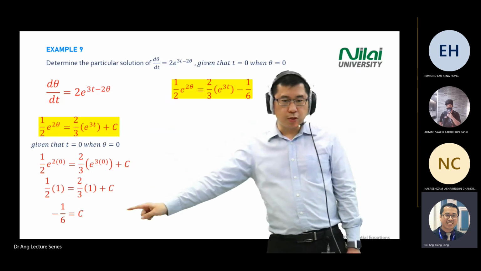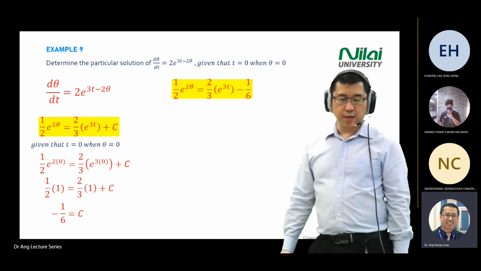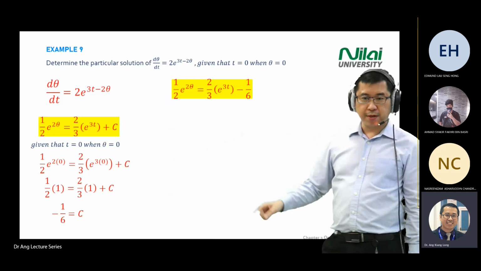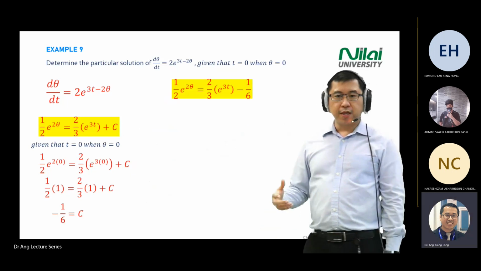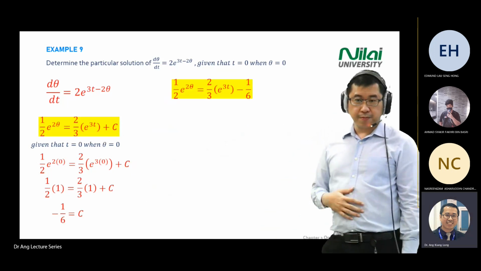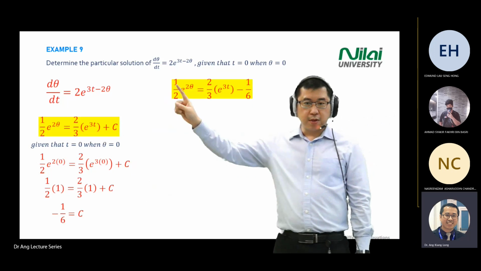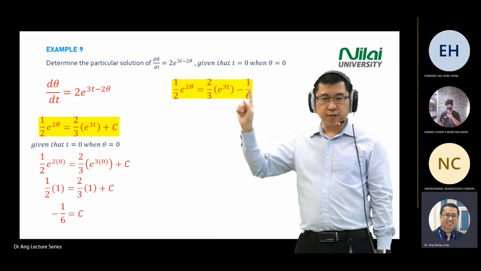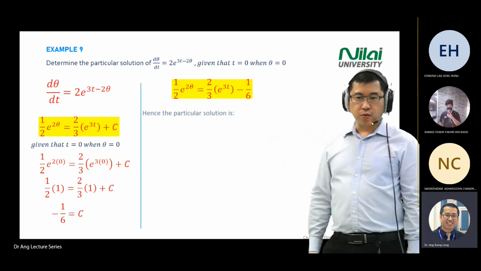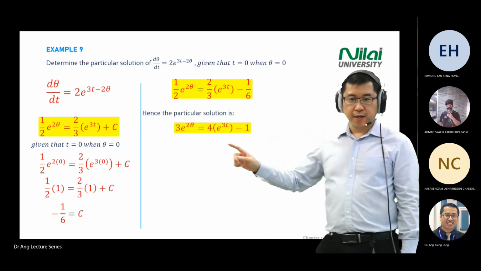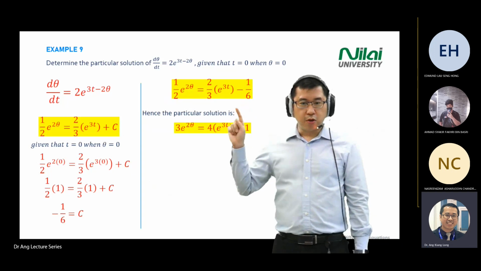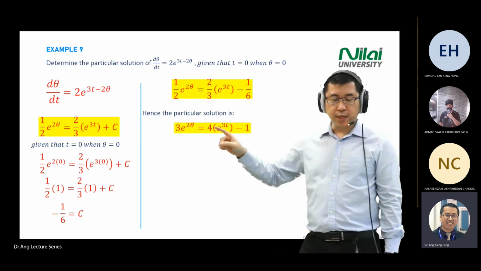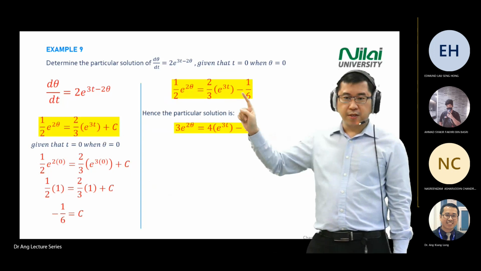Remember to substitute back to the original equation. You become this one. Put it in the simplest form. You see 1 over 2, 2 over 3, 1 over 6. Try to write in a simpler form. This is a fraction.